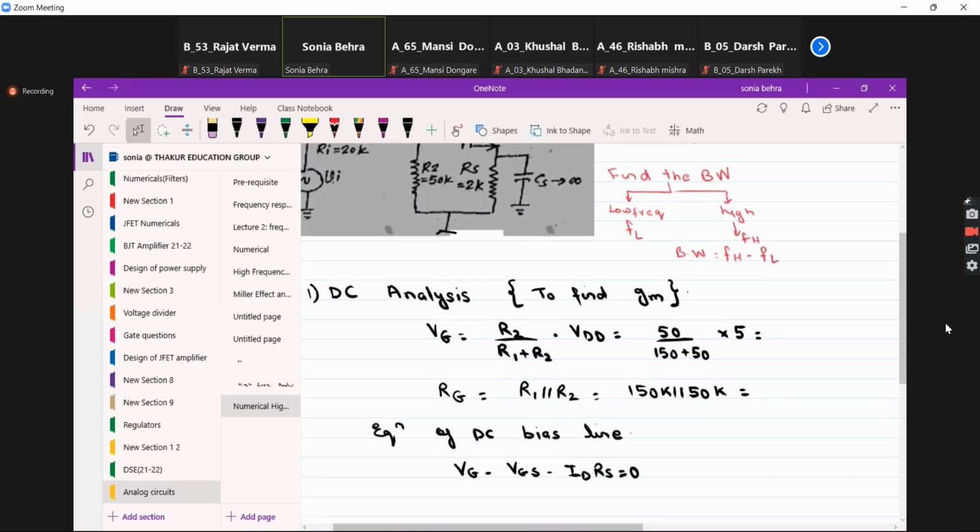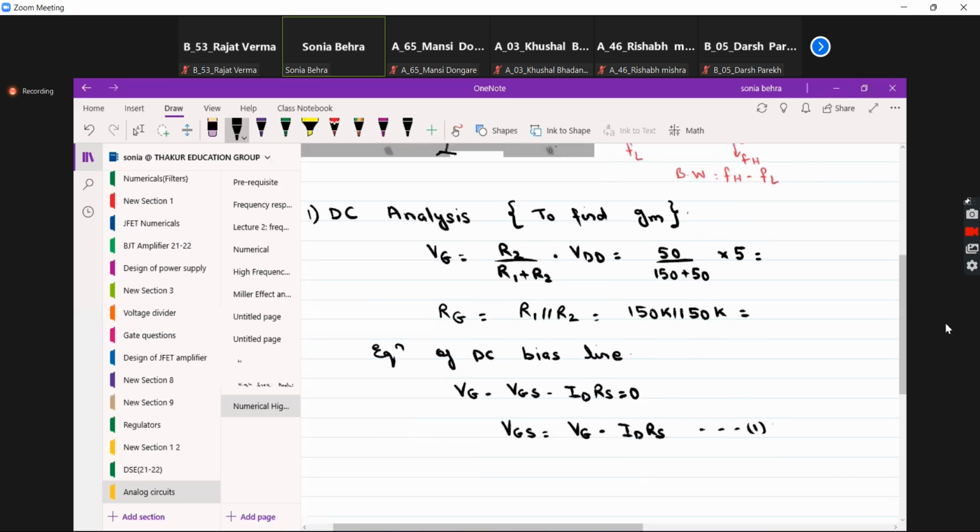From this you will get the value of VGS. VGS is equal to VG minus ID RS. Let this be equation 1.